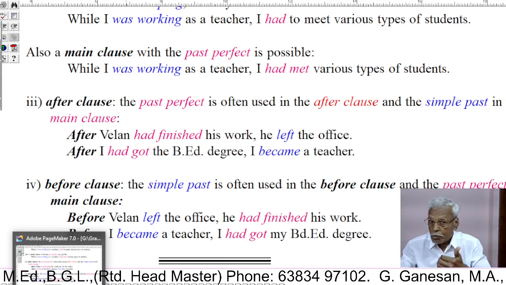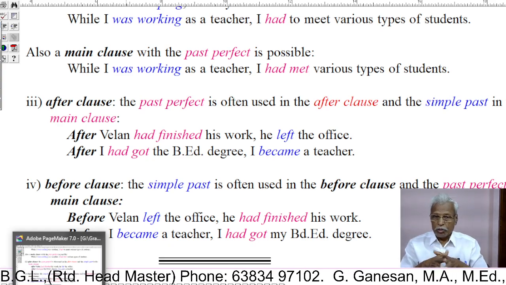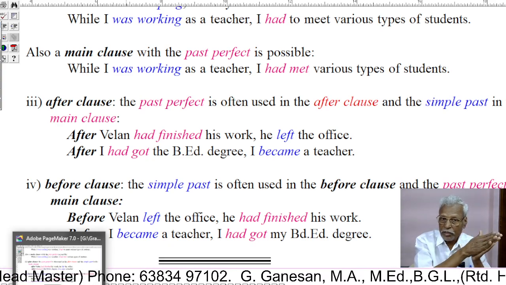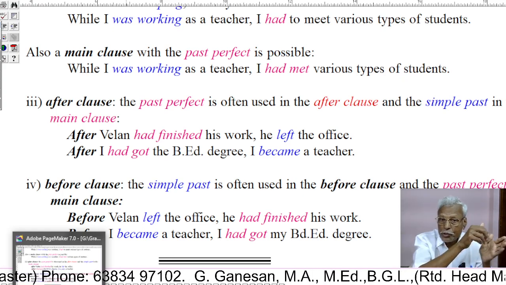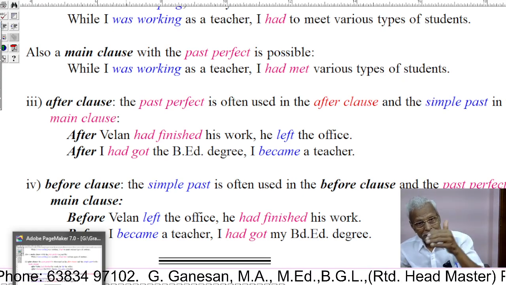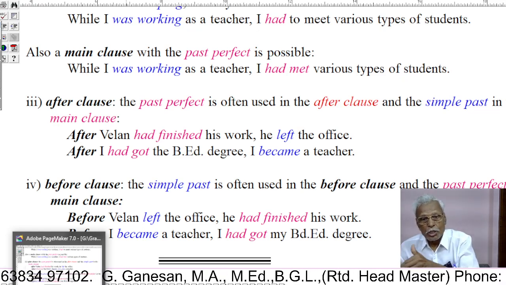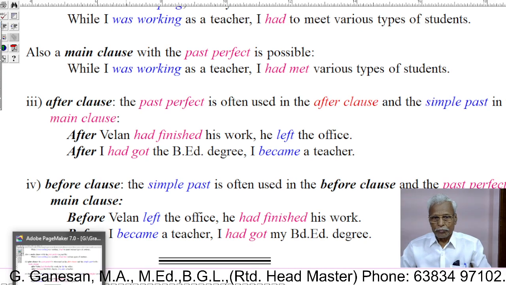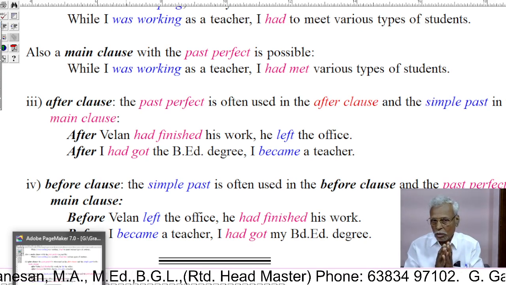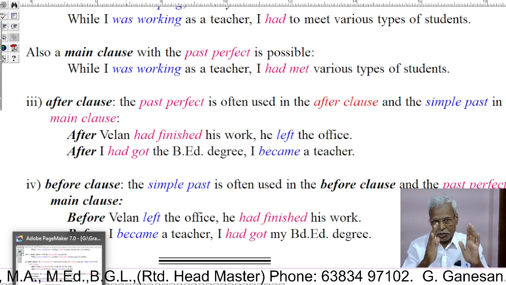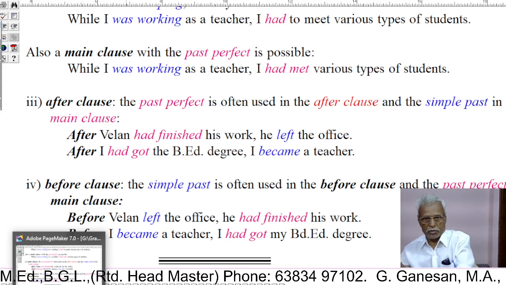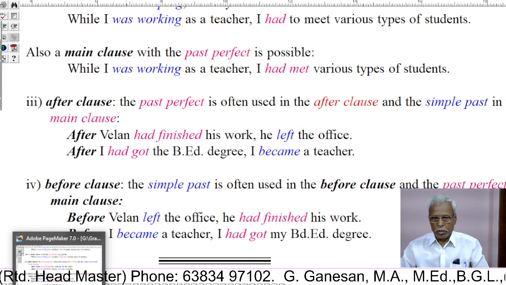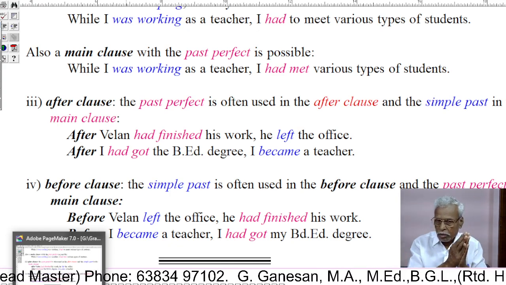But in the use of the after clause, the first action, the past perfect, should be expressed using the after clause, and the second action, the simple past, should be expressed using the main clause.